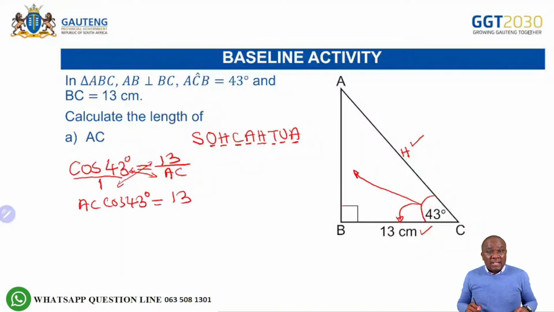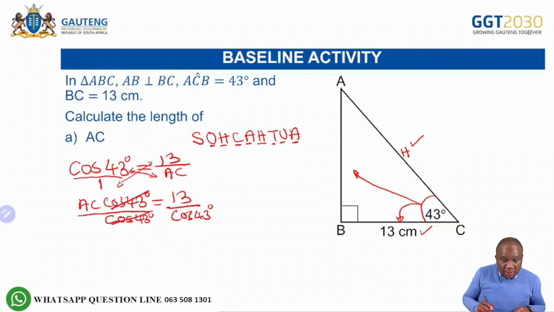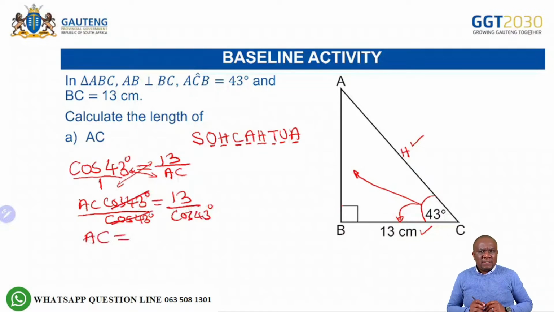We want to find AC, so we divide by cos 43 on both sides of the equation. Cos 43 divided by cos 43 is 1, and we remain with AC equal to 13 divided by cos 43. You can just put that in the calculator.